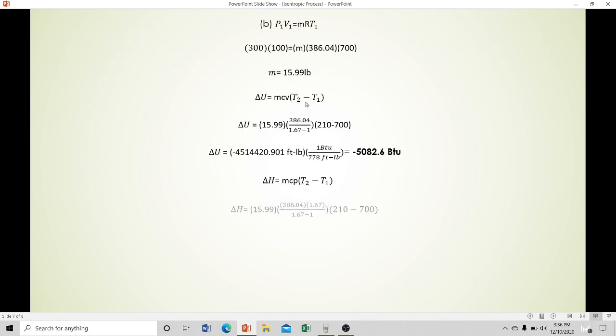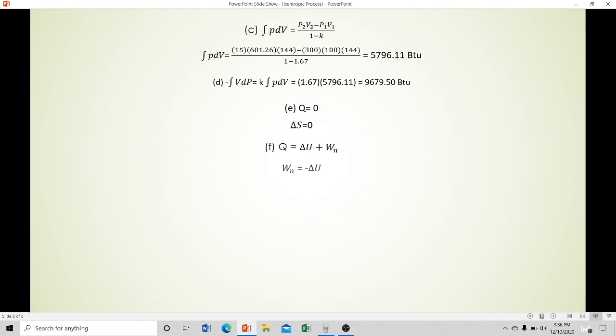So go back to our solution. By applying the first law of thermodynamics, we have negative VdP equals work steady flow plus change of K. Since we have the value, we have 9679.50 BTU.